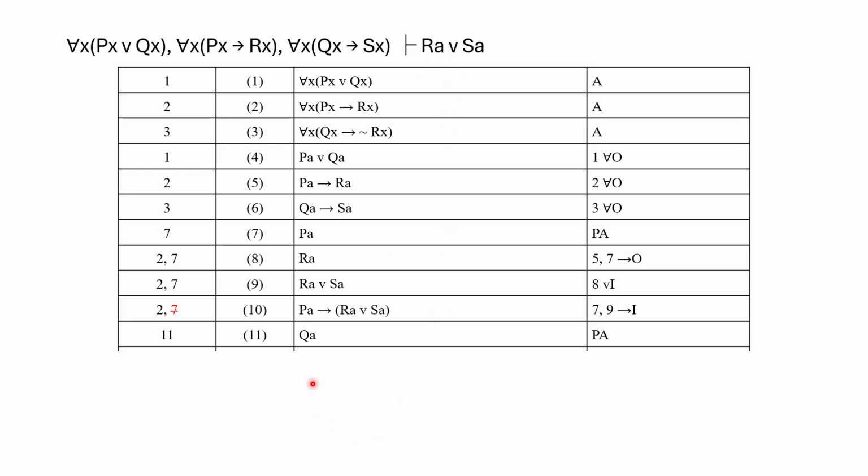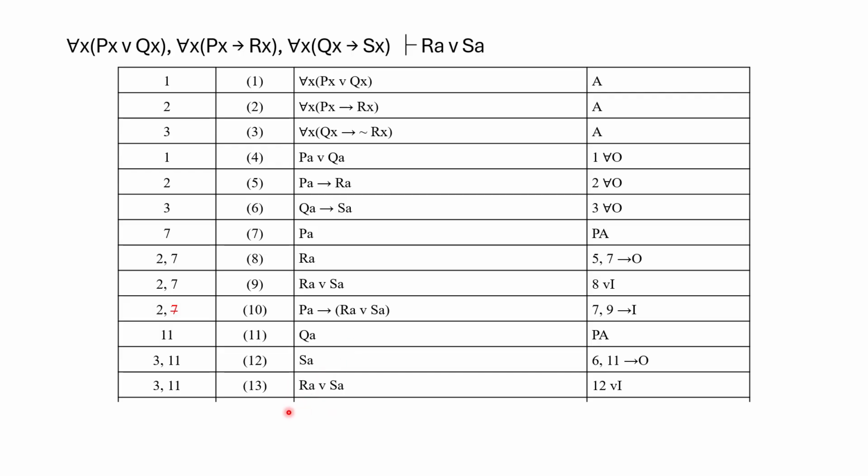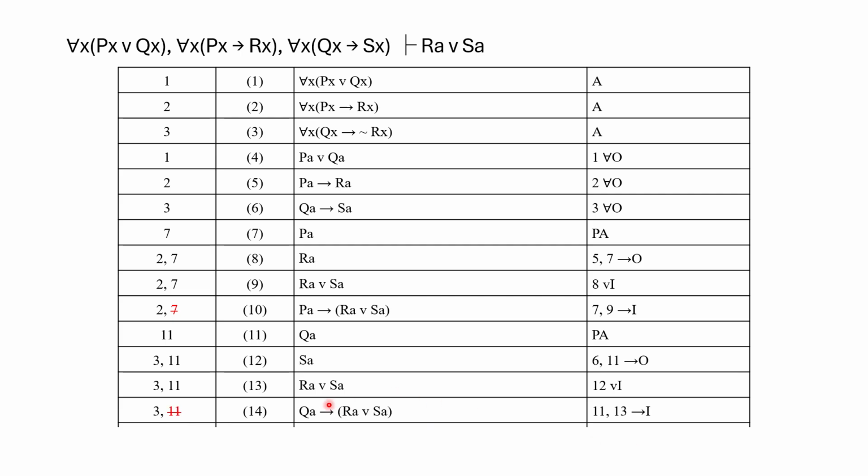So I have QA, I have a conditional statement, which means I can get the consequent there, so I can get SA, so 6 and 11. And now I just need to wedge in my RA to my SA. And now I can build that arrow, so QA arrow, same consequent as before. 11's my PA, 13's my consequent, eliminating my PA number there.